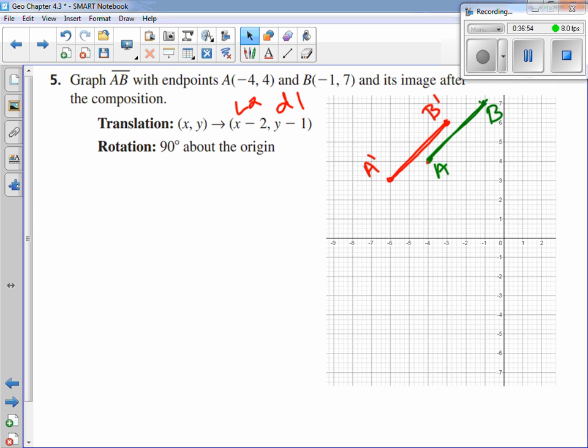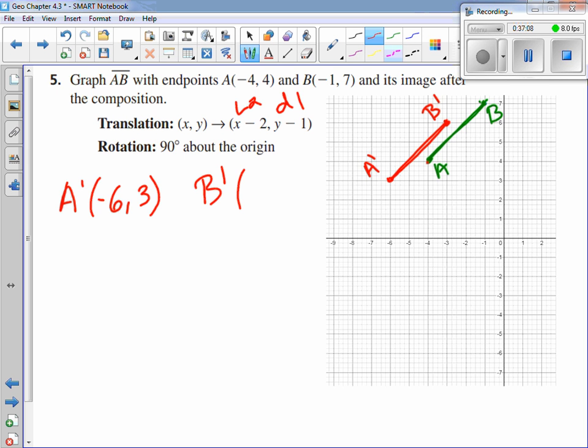Any questions on this here? So what are our new points? Well, A prime is now at -6, 3. B prime is now at -3, 6. And once I graphed it, I can go on and just see what those coordinates are, x, y.